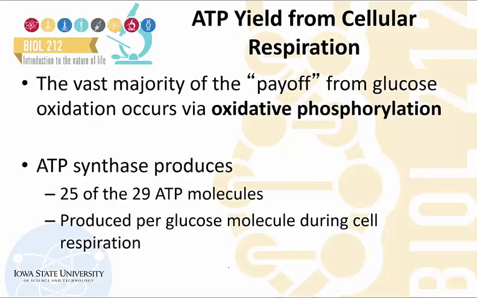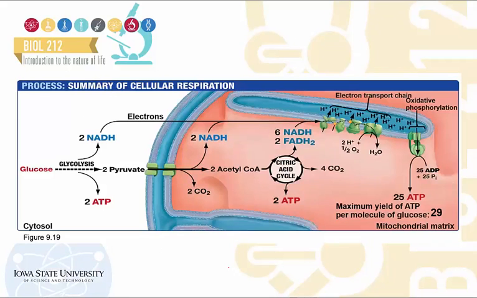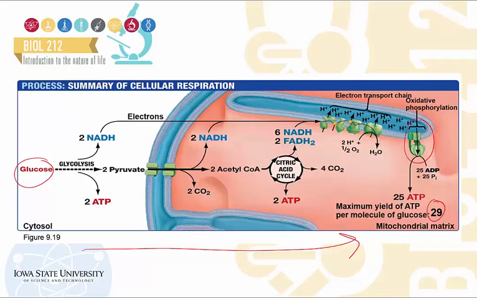Thus, the oxidation of one glucose molecule leads to the production of 29 ATP molecules. So if we start with one molecule of glucose, by the time we get to the end of cellular respiration, we have 29 molecules of ATP, most of which are generated by the ATP synthase complex.